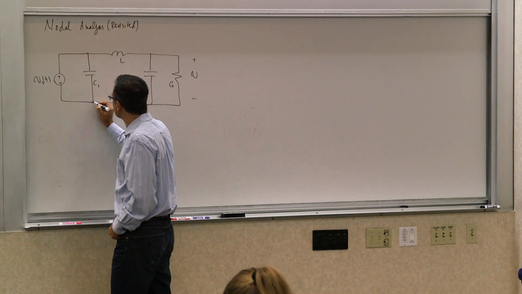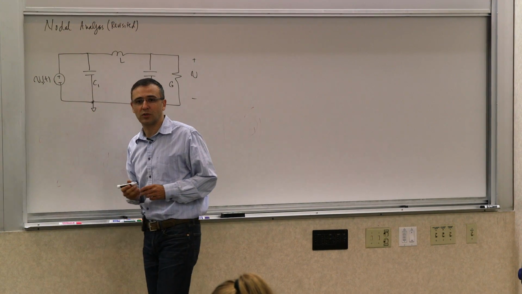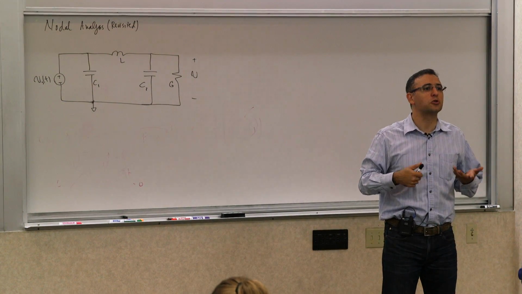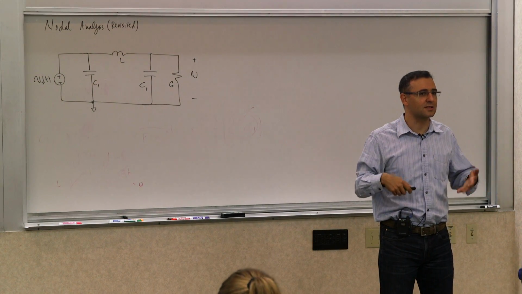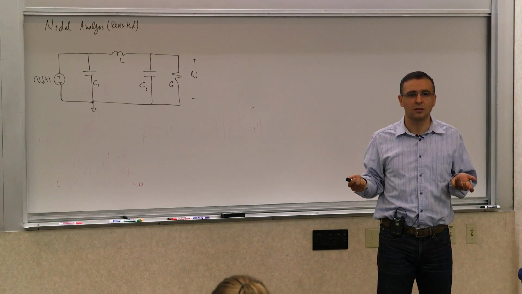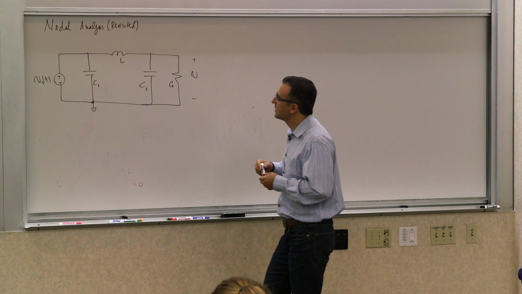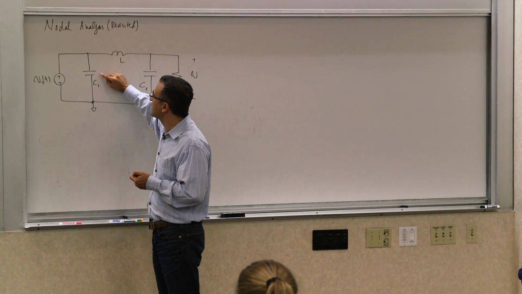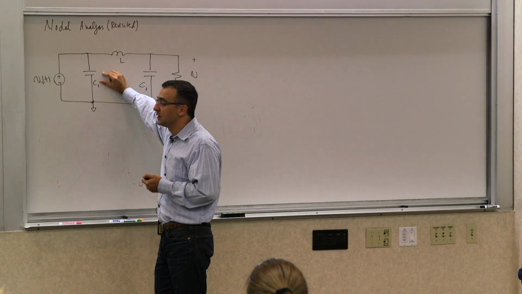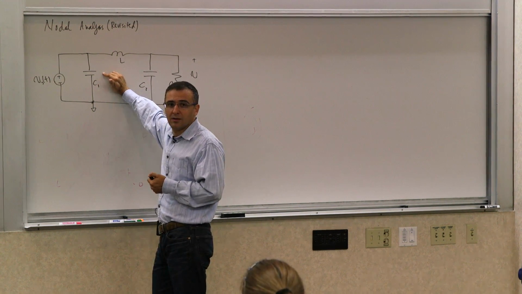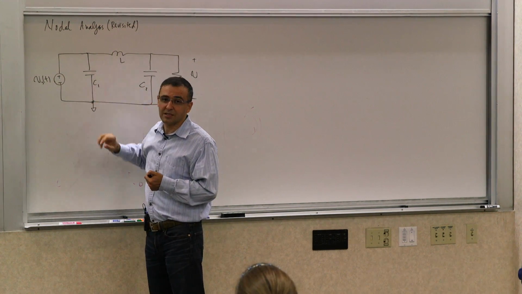Can I do nodal analysis now, based on what you saw? How would you do the nodal analysis? Again, you treat these inductors and capacitors the same way that you treated your conductors or resistors, right? As conductances. So as conductances, what is this? What is the conductance of, or more accurately, the admittance of this element, this capacitor?